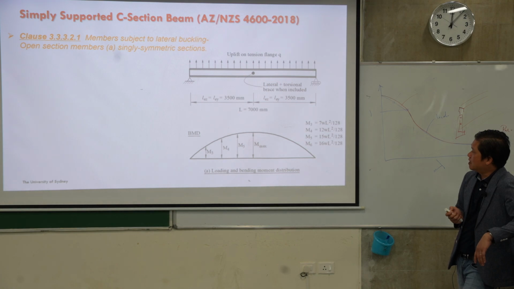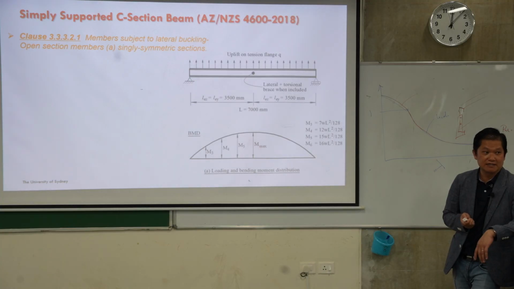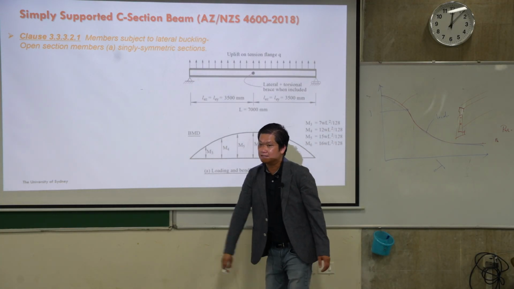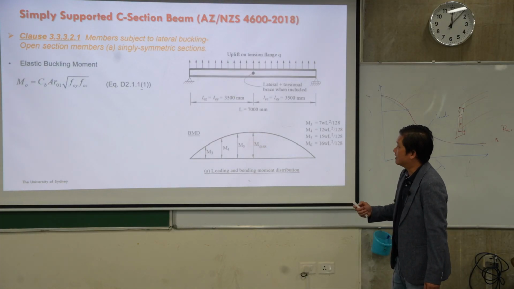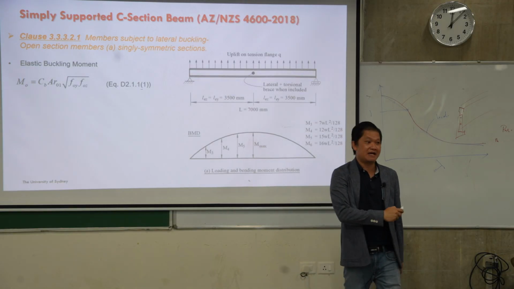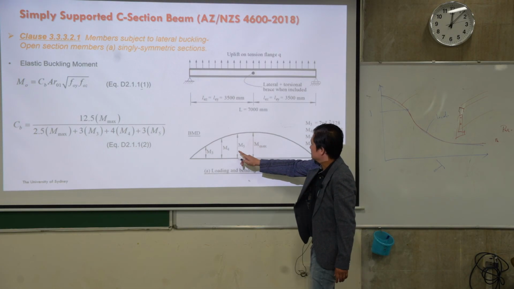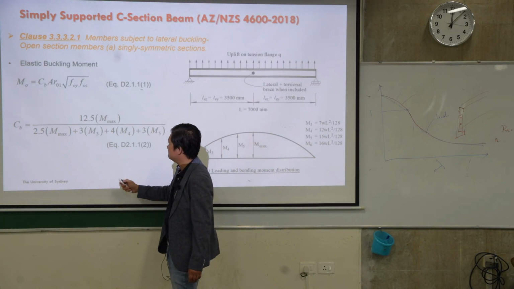And as you imagine here, this is simply supported, subjected to uniformly distributed load, so you will know that the bending moment will be like this. And remember, because of that, we need to work out the CB factor to take into account the shape of the bending moment. That's why you get M max, M3, M4, plug into this equation, you get the CB factor.